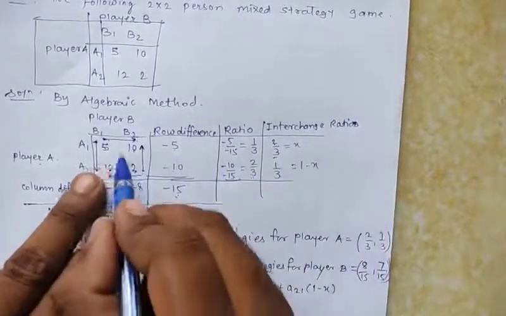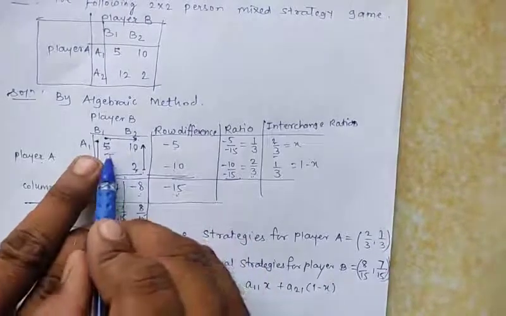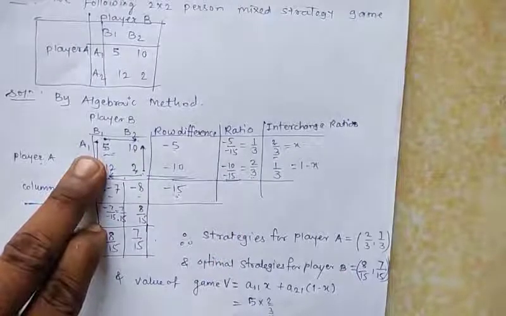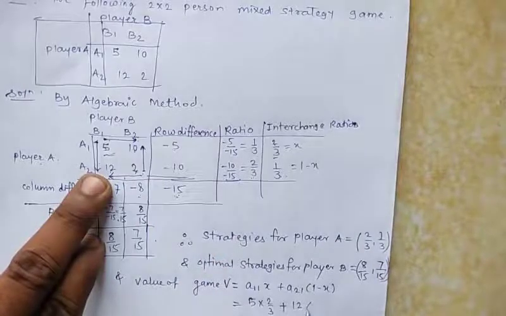So here this is A11 and this is A21. So 5 into 2 by 3 plus 12 into 1 by 3.